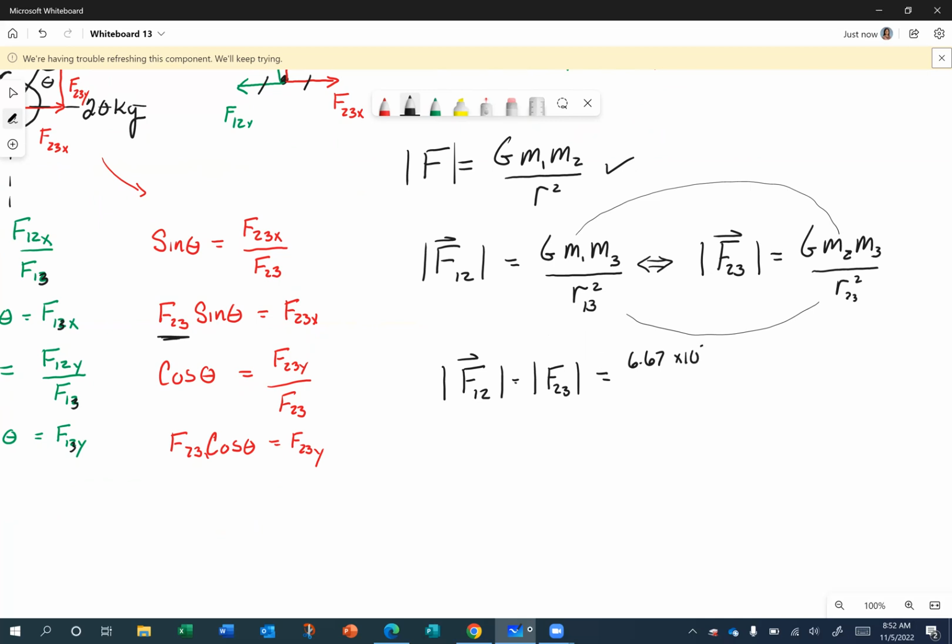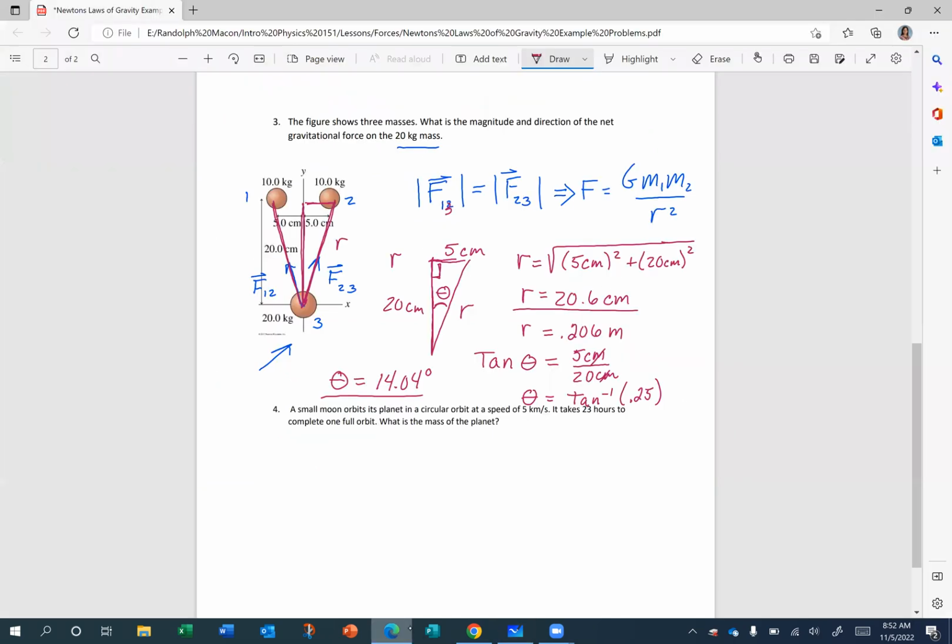So the magnitude of the force 1,2 equals the magnitude of the force 2,3 equals G, which is 6.67 times 10 to the minus 11 newton meter squared per kilogram squared, times mass 1 or mass 2, both of which are 10 kilograms, times mass 3, which is 20 kilograms, divided by the distance between them squared. So remember, you don't use the 5 or the 20.